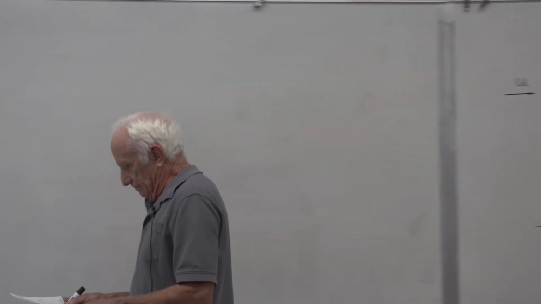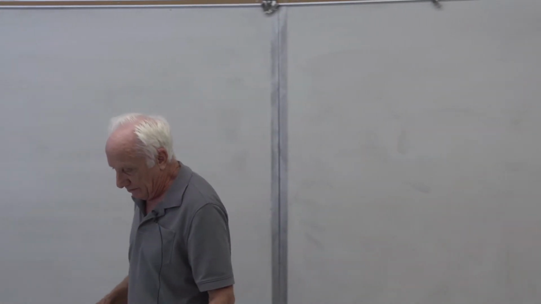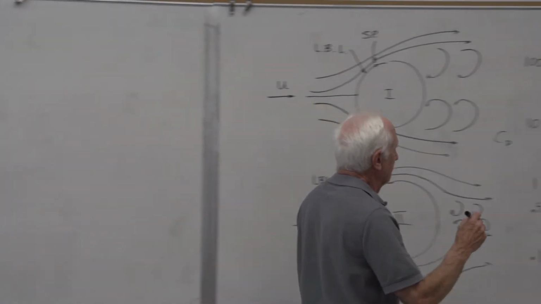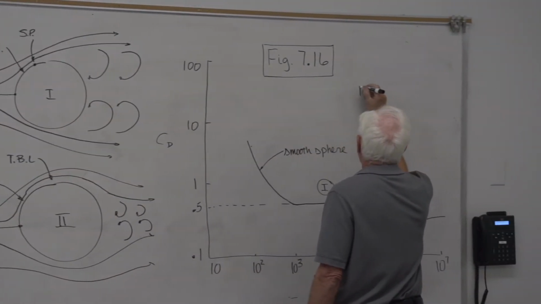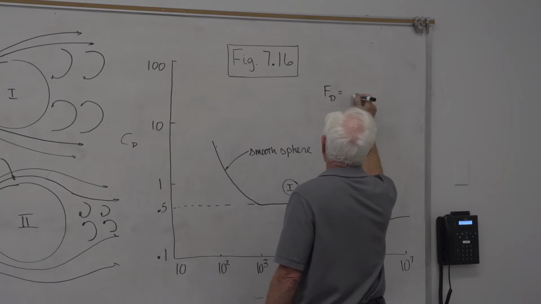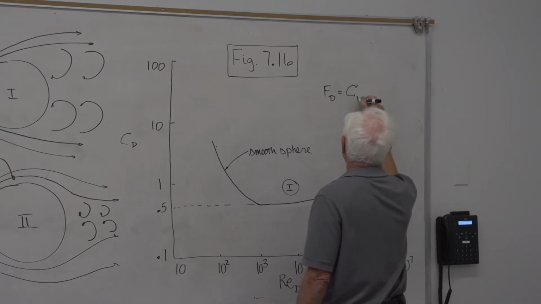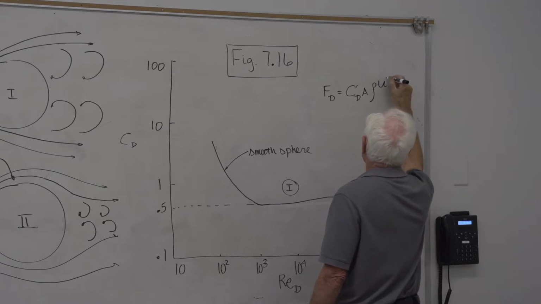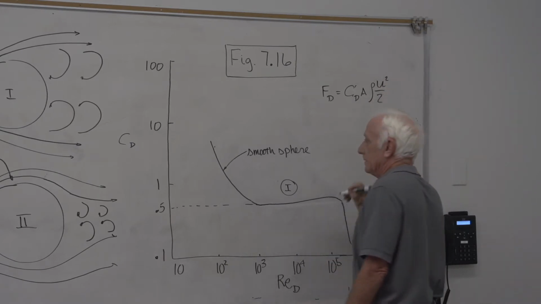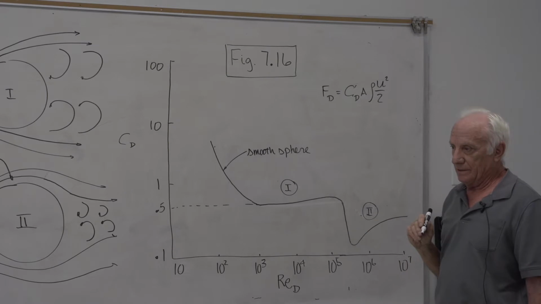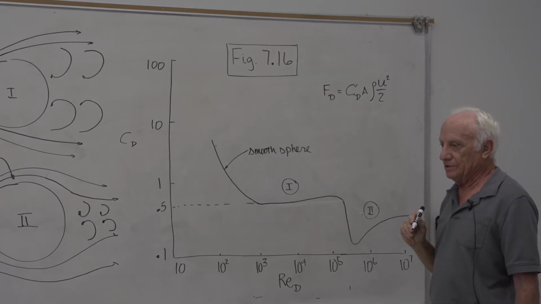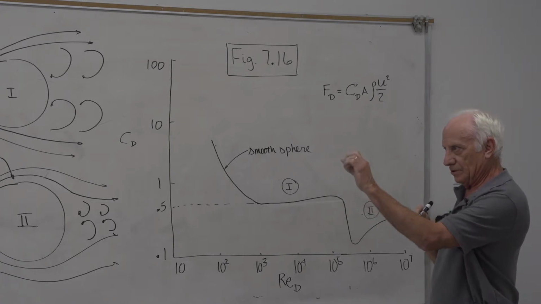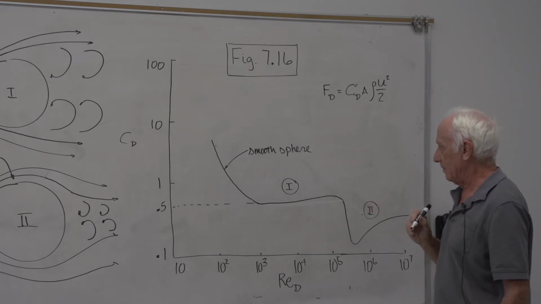And of course, we use the C sub D to calculate the drag force. So F sub D equals C sub D times the area times rho v squared over 2. What's the area? The projected area of what you see. If I see a sphere, what I see as an area is a circle, pi d squared divided by 4.